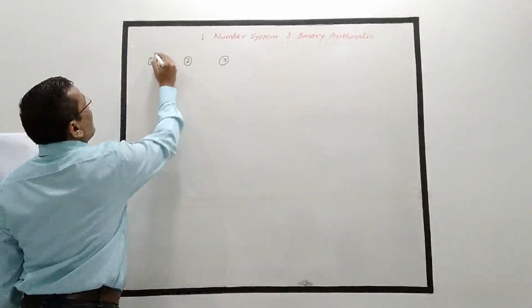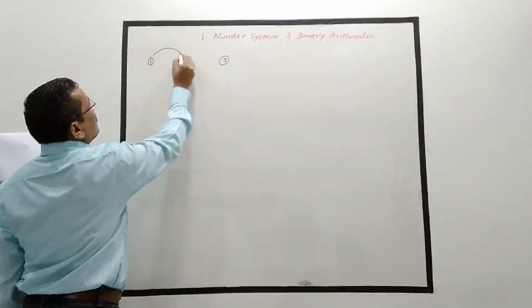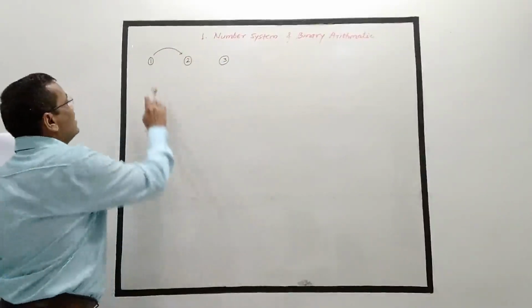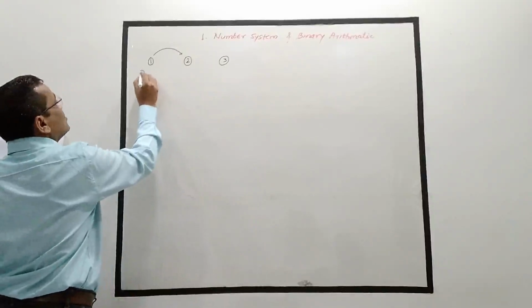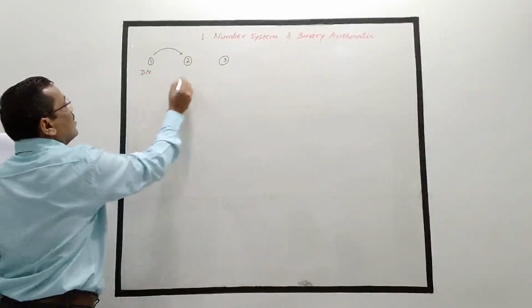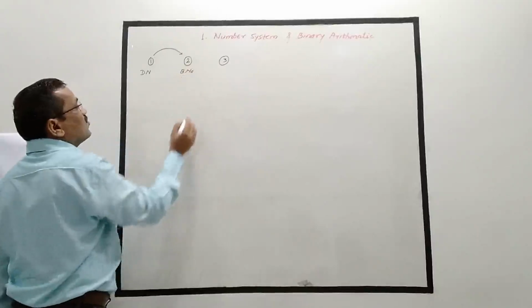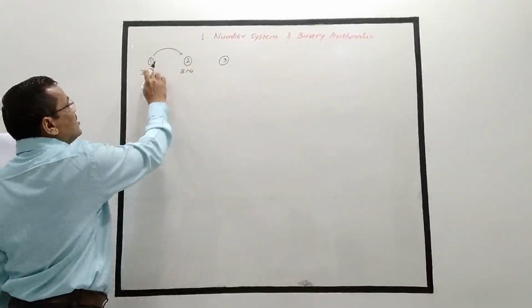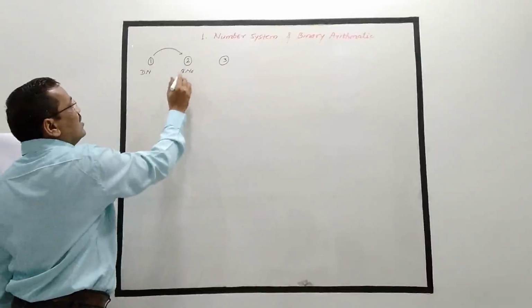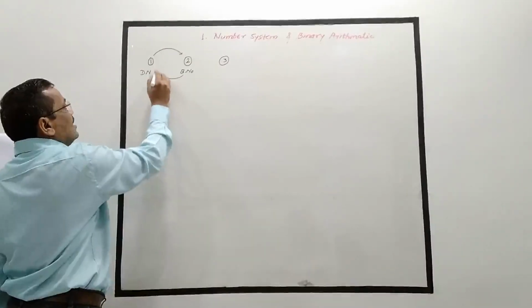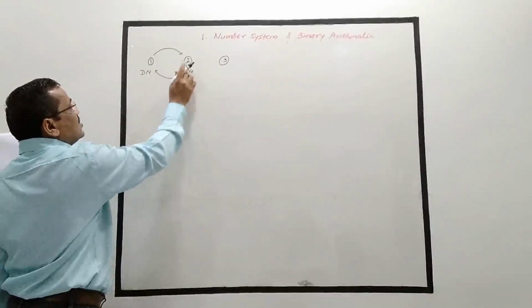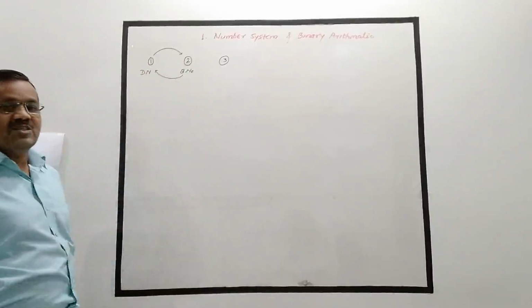So 1 into 2, that is decimal number system into binary number system, decimal to binary conversion. Again the cycle is repeated, so binary to decimal conversion.